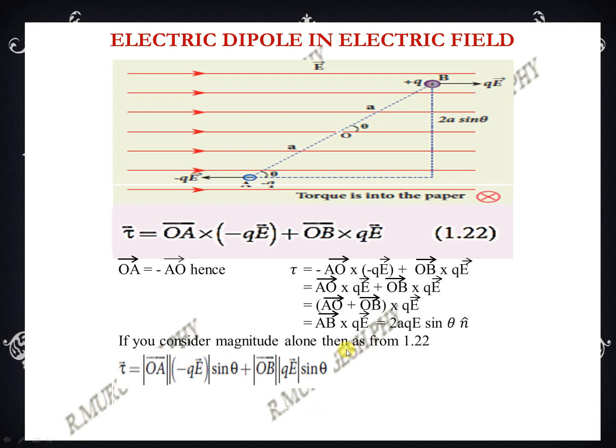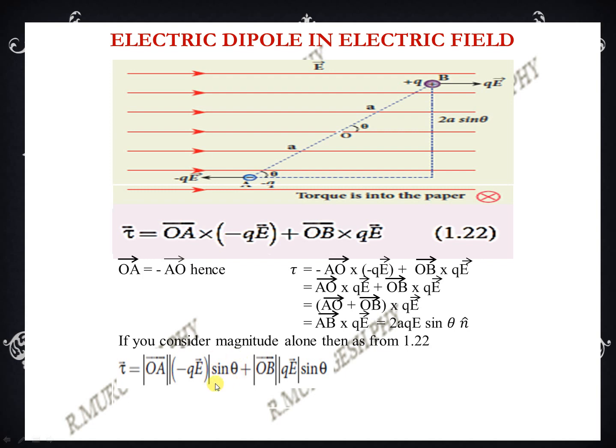Now, if we consider the magnitude alone, we go back to the previous step. See here, I have explained how you are getting the torque expression. But once again from the previous expression, I go for the mere magnitude of the torque. Then I don't have to go through all these steps. Magnitude of torque is OA magnitude, QE magnitude, A cross B is AB sine theta.